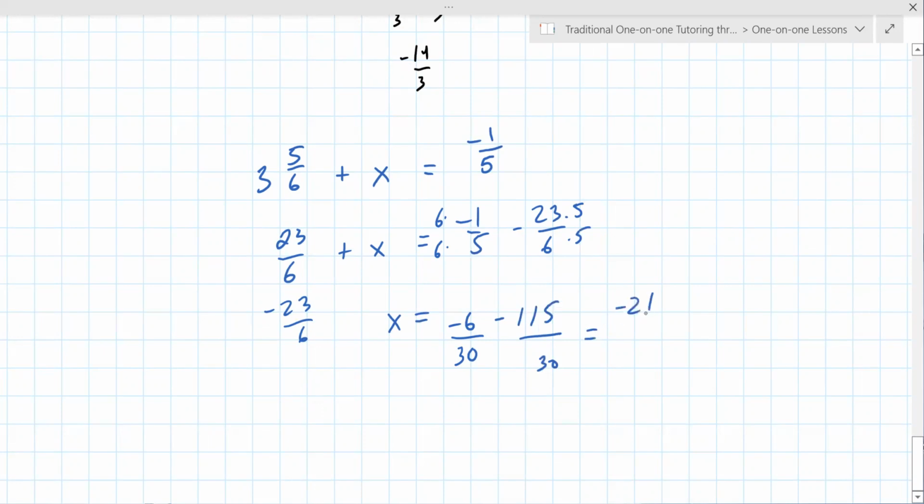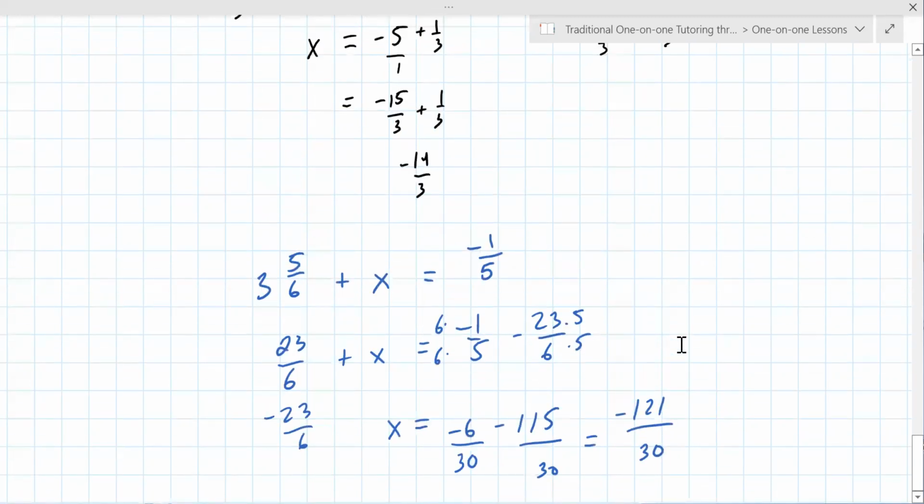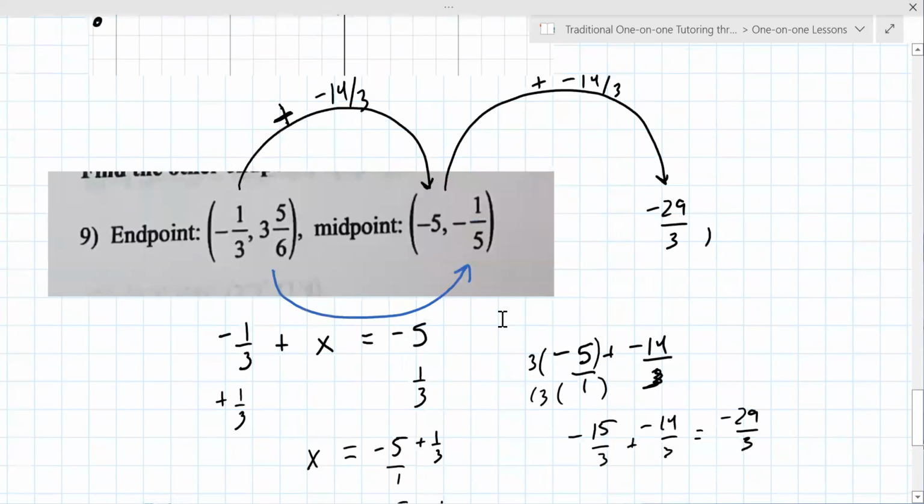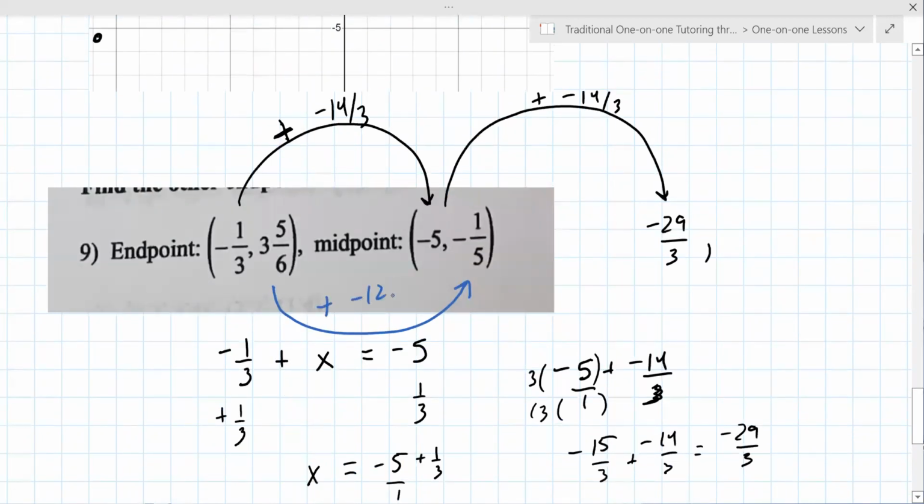I mean, it's incredible. So it's -121/30. So that is your jump. Like you add -121/30. And so you have to do that again with this other one.